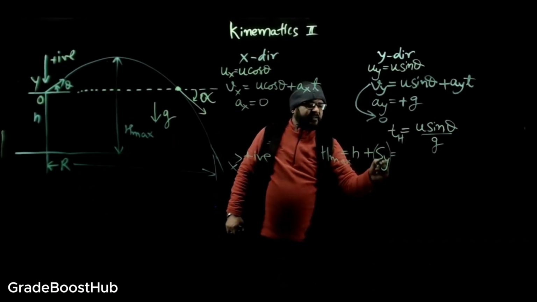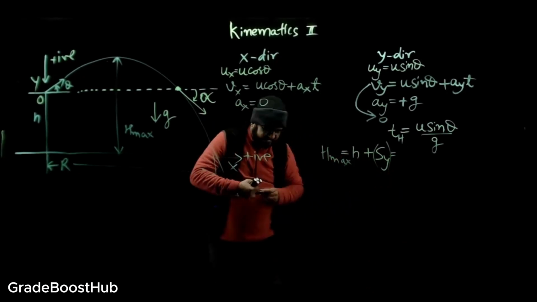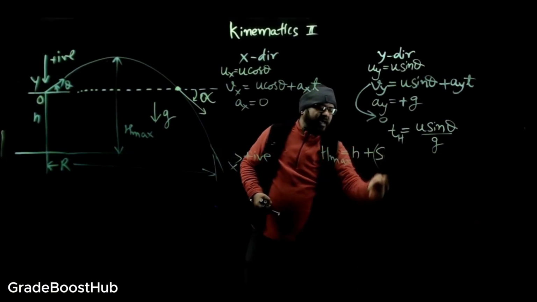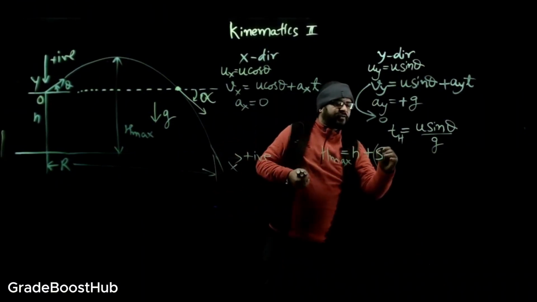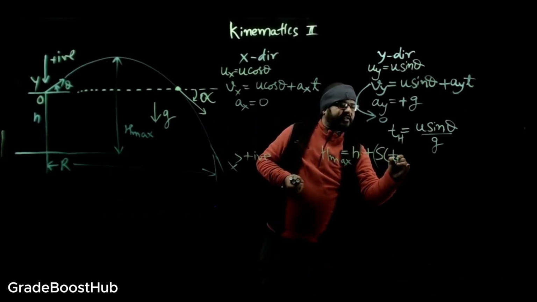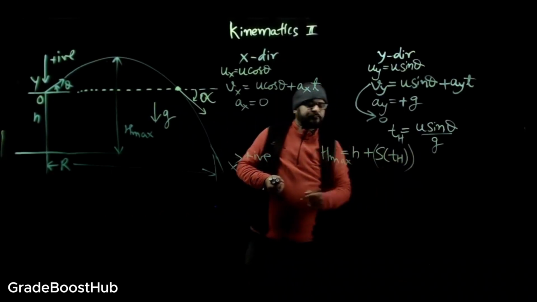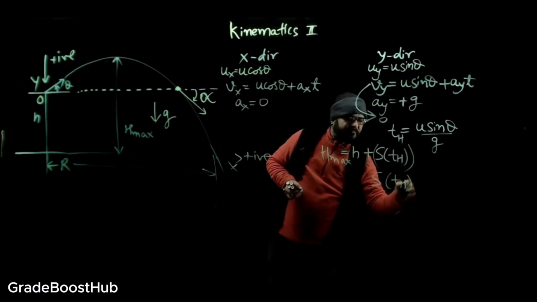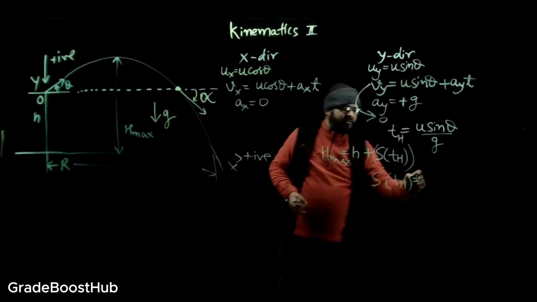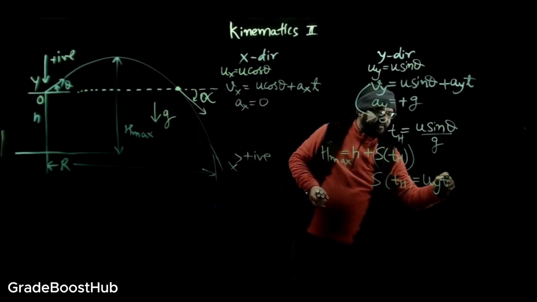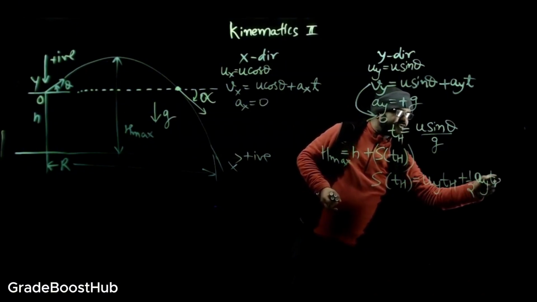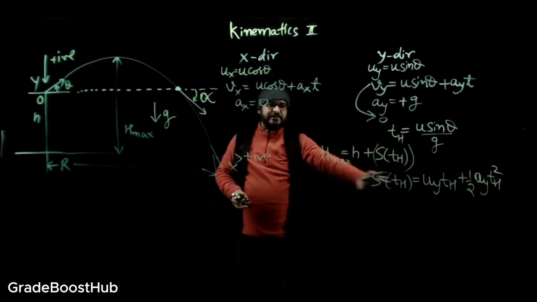My Sy at th, th is the time when its y velocity became 0. Now my Sy at th can be easily obtained by uy th plus half ay th square. Okay, one approach is this.